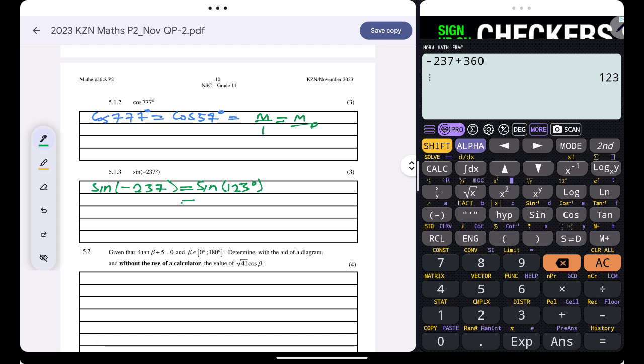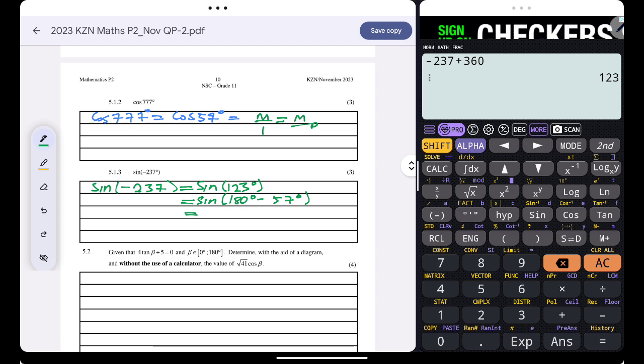123 is an angle in the second quadrant. In the second quadrant, we write our angles as 180 minus something, which will give me 123, and that something is 57 degrees.